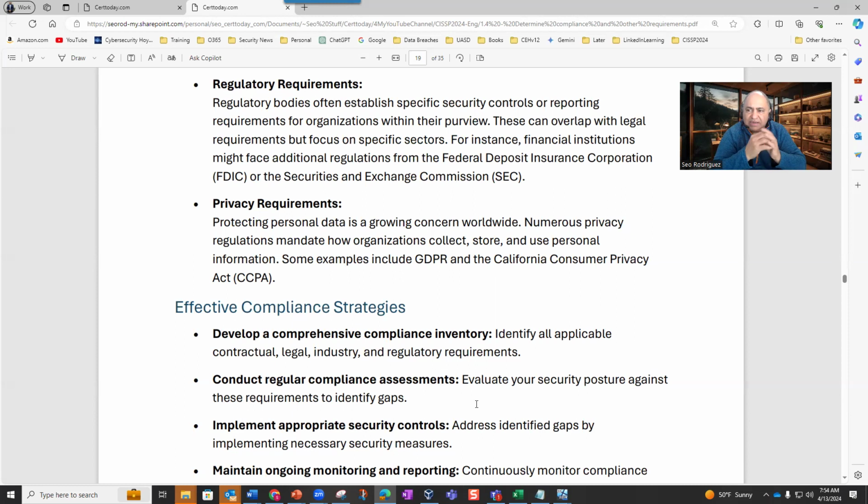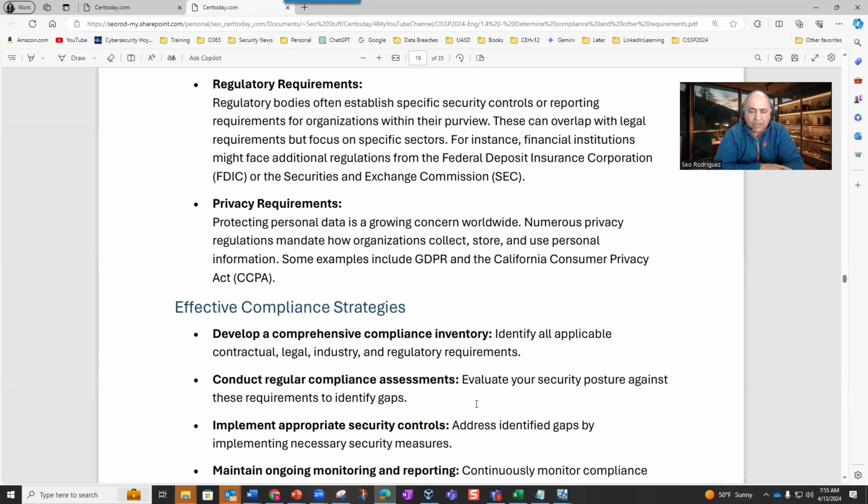The United States doesn't have a federal law when it comes to privacy like the GDPR in the European Union, but every state has its own laws. And it seems that every day more and more laws are coming at the state level.